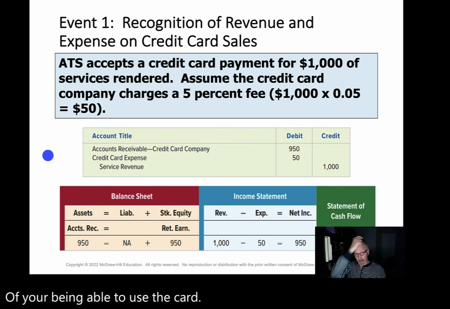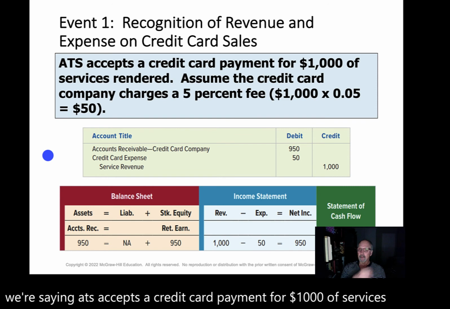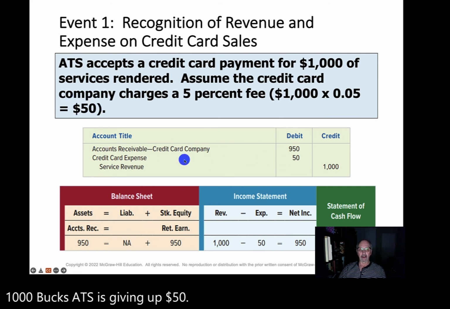In this case, we're saying ATS accepts a credit card payment for $1,000 of services rendered. Assume the credit card company charges a 5% fee, so 5% of $1,000. ATS is giving up $50, 5% of the sale, for credit card expense to pay the credit card processing company for the privilege of accepting credit cards.